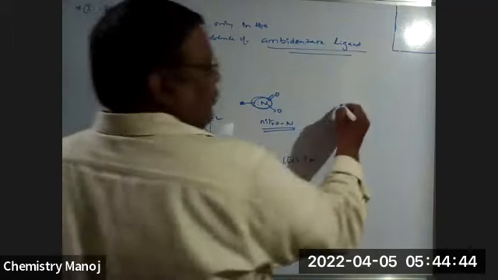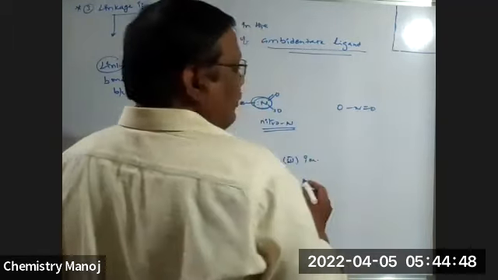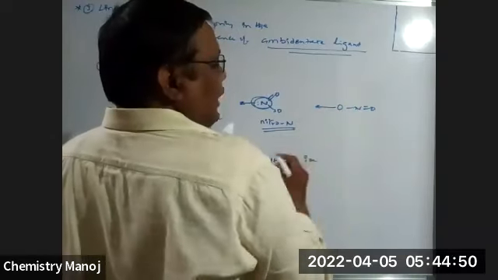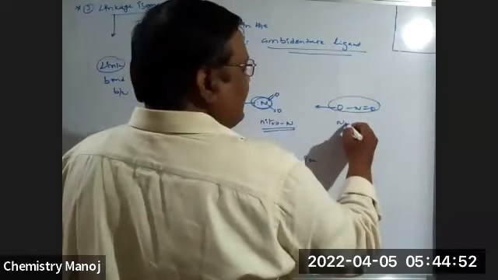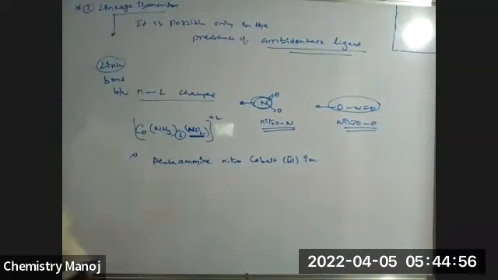Otherwise, ONO also there. Maybe oxygen is the donor atom. In this case, it is nitro O. That means link you should mention, which can donate among those two donor atoms. What is ambidentate ligand?